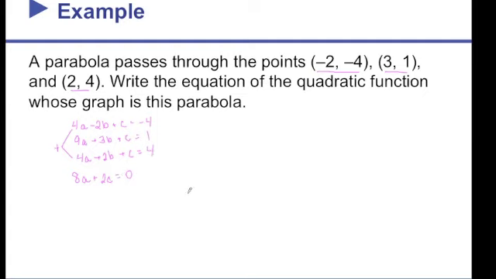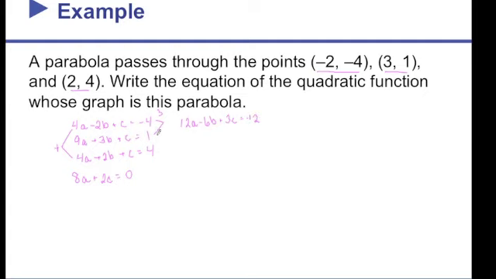So using two other equations, I'll take the top one times 3, giving me 12a minus 6b plus 3c equals negative 12.